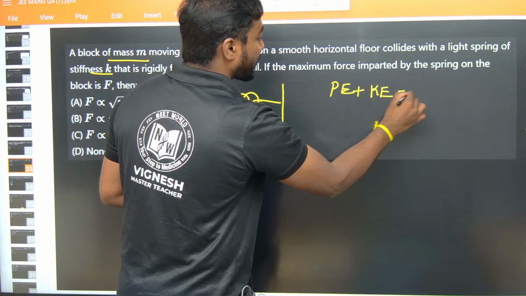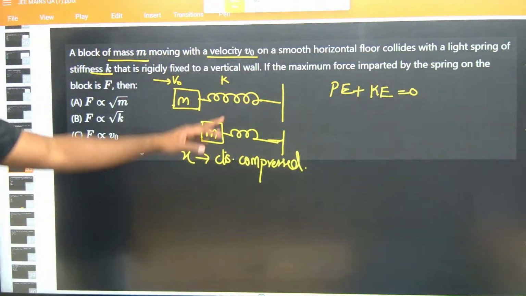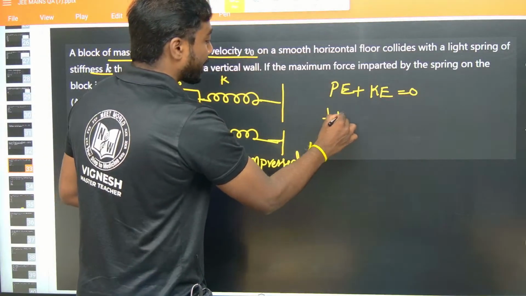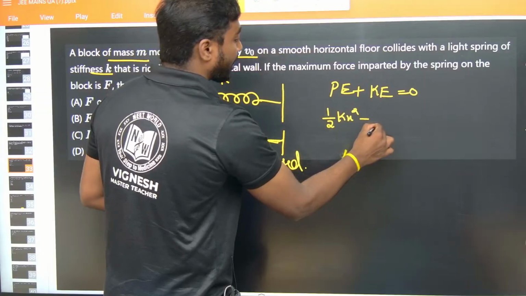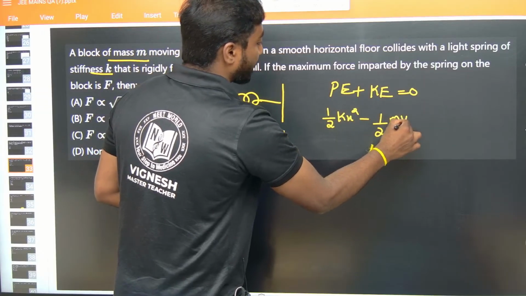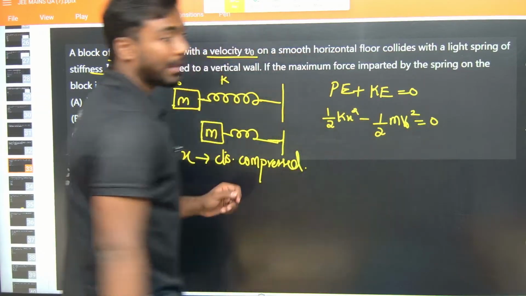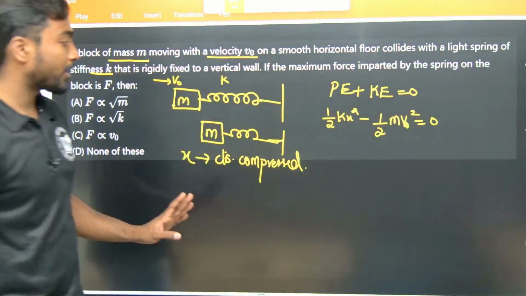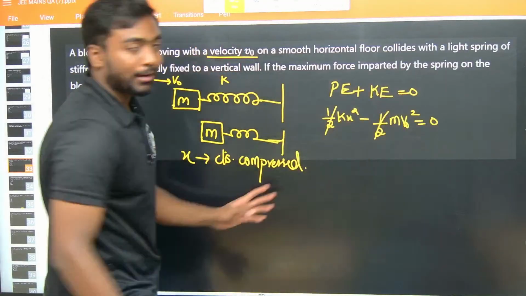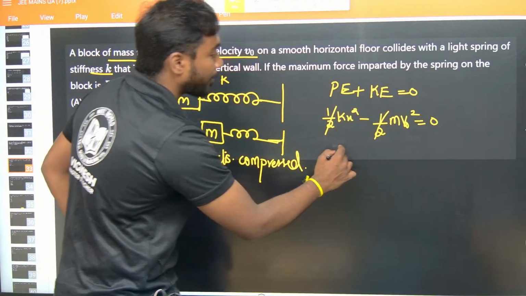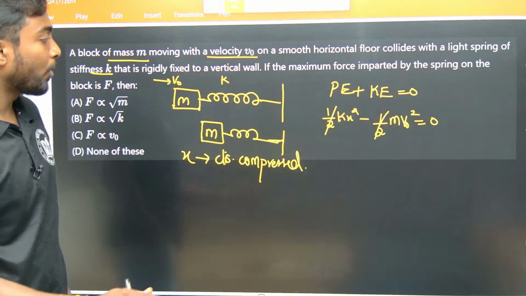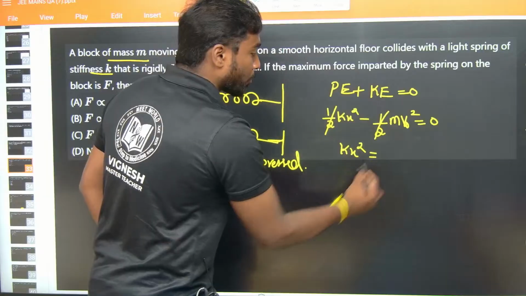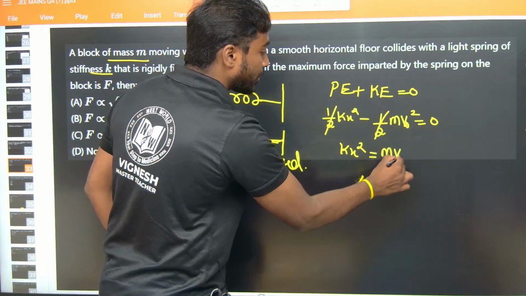Half k x square should equal half m v naught square, because both are equal. Taking 1 by 2 common outside, we get k x square equals m v naught square.